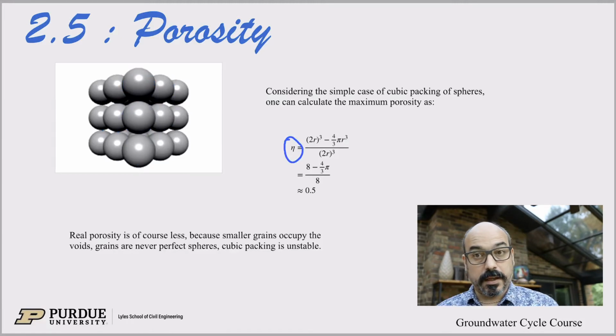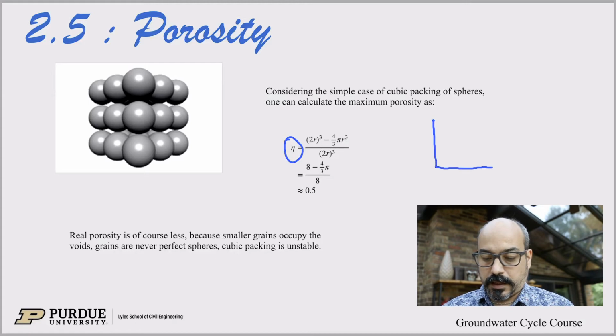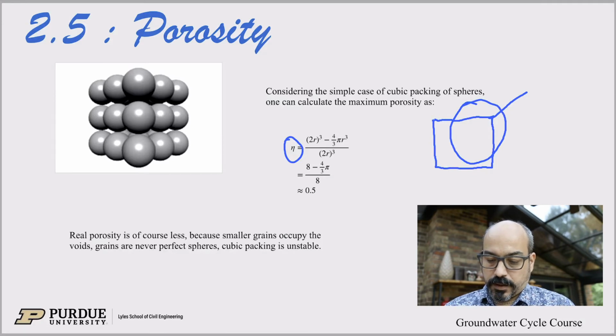So here the porosity is going to be the cube of 2r, so 2r is just the diameter, minus the volume of the sphere. If you think of it, if we take a cube with that ball inside, the cube is 2r, or diameter, on the side.